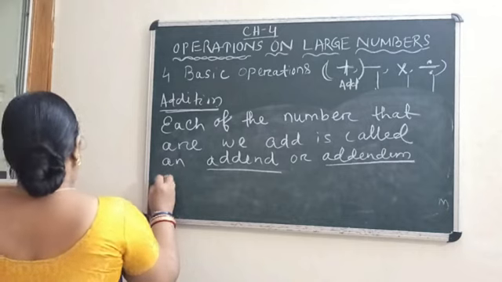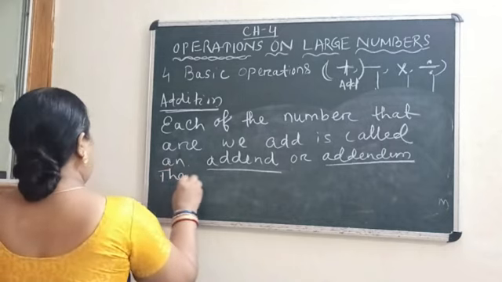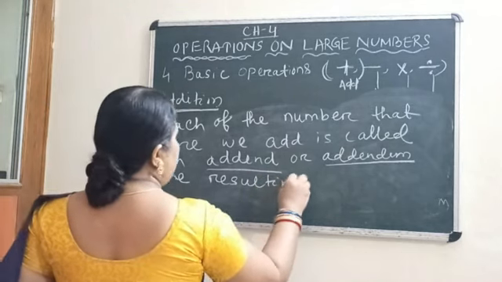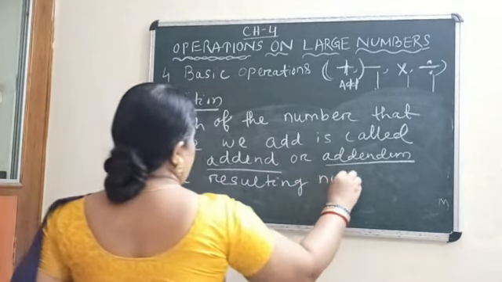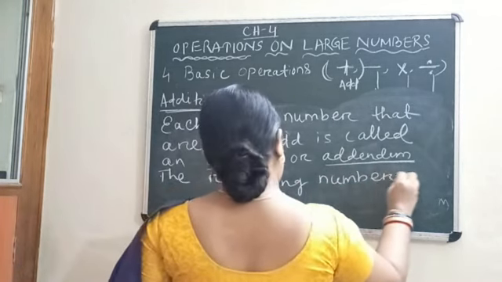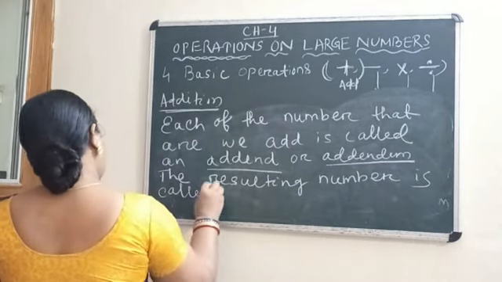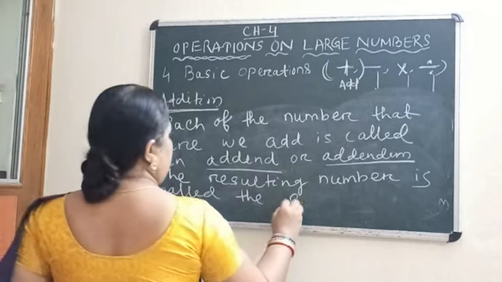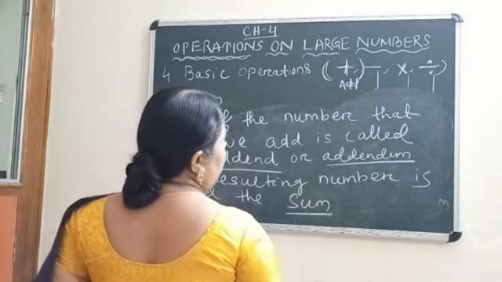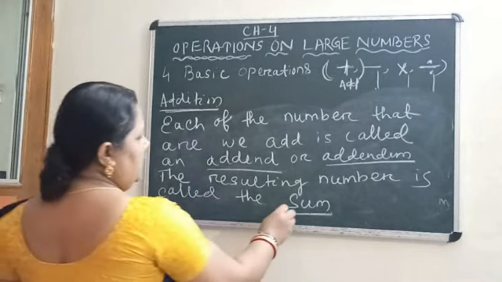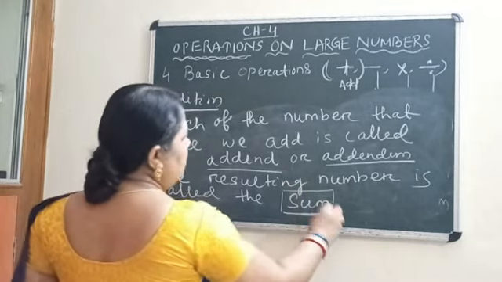Then the resulting number is called the sum. Okay. After addition, whatever answer you are getting, that is called your sum.